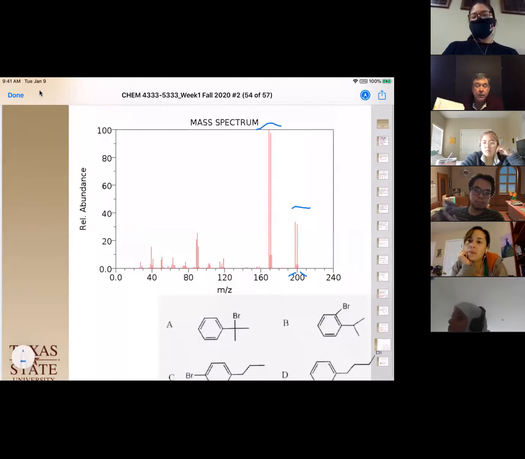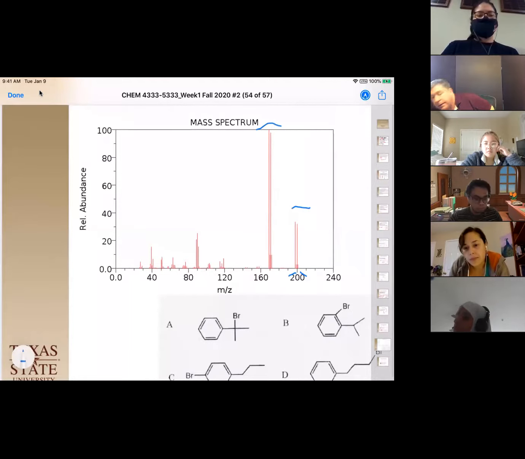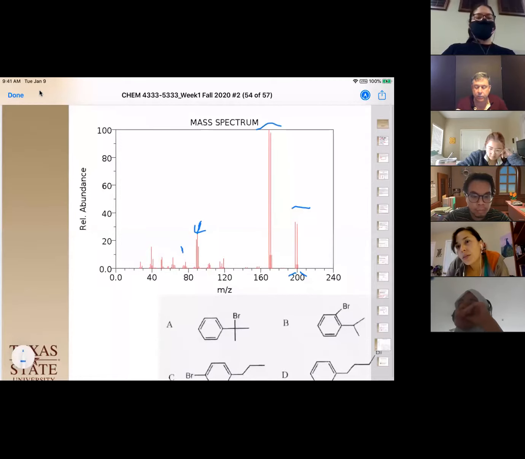And I don't see a 127 on our system. So I'm going to go ahead with bromine. Okay. So let's see what we also have here. We don't really have a strong 77 peak, but it's there, right here. But we have this strong peak here, which tells me that's probably a 90 or a 91.